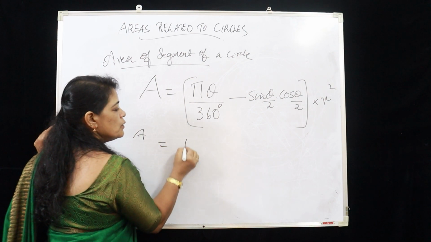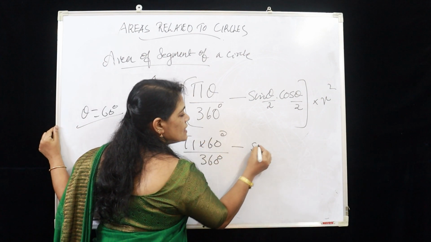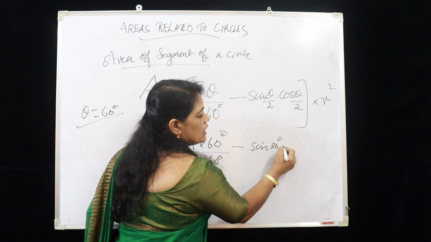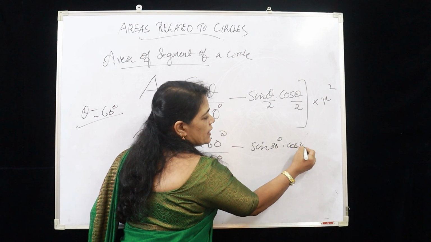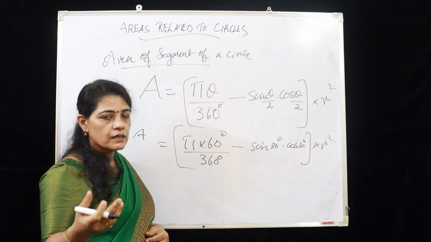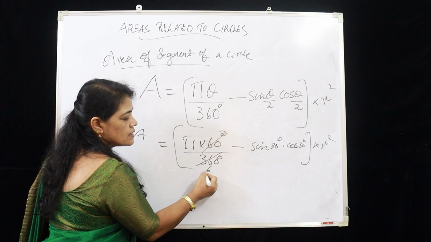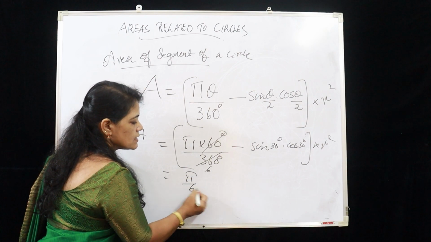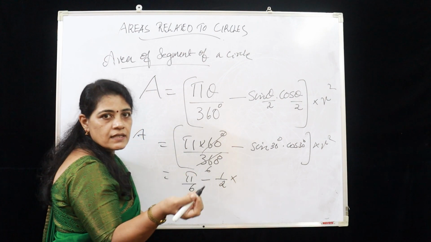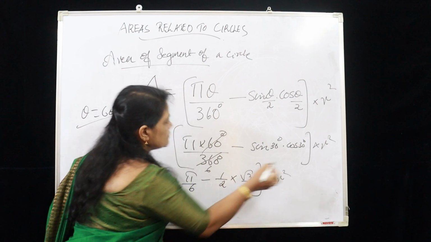So A is equal to pi into 60 degree by 360 degree, minus sin 60 by 2, that is sin 30 degree, into cos 30 degree, into R square. R is a variable, different from circle to circle, problem to problem. 60 into 6 is 360, so pi by 6, minus sin 30 value 1 by 2, and cos 30 is root 3 by 2, into R square.